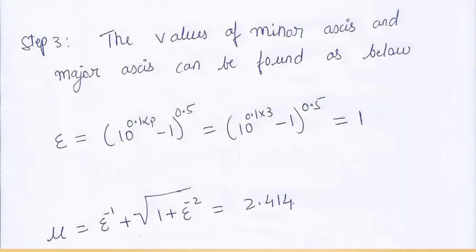In order to find the denominator of the transfer function, we need to find the values of the minor axis and major axis of an ellipse. These values can be found as shown below.